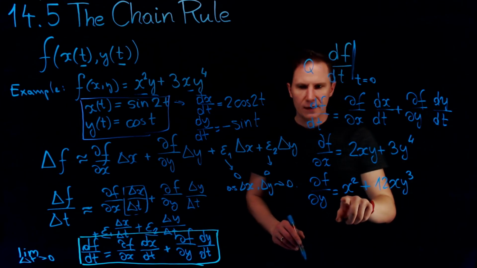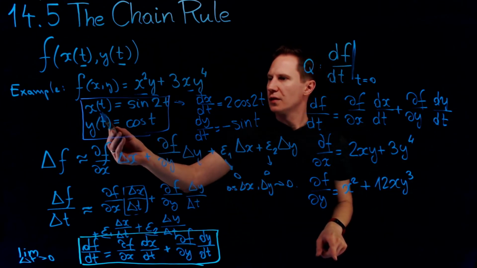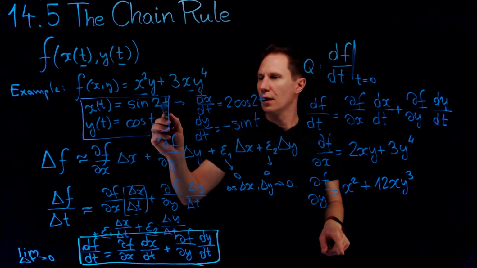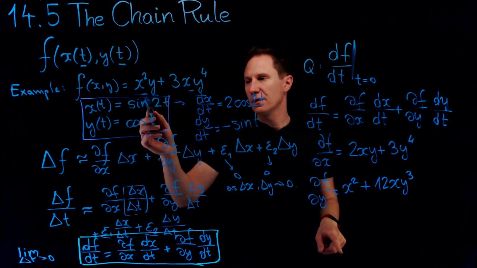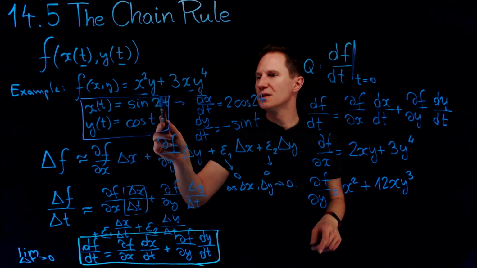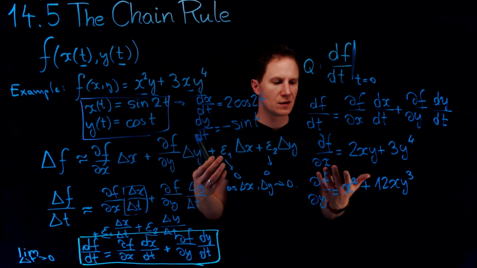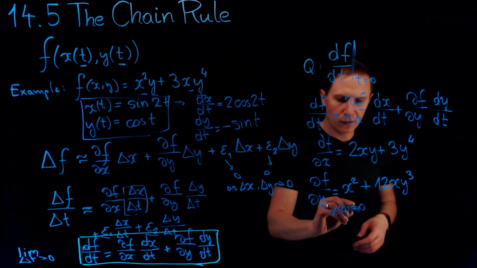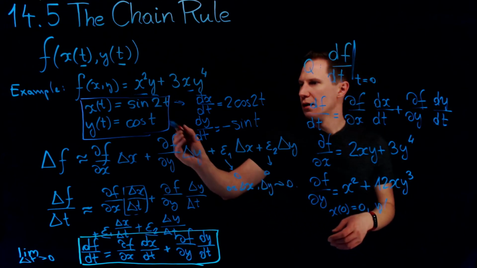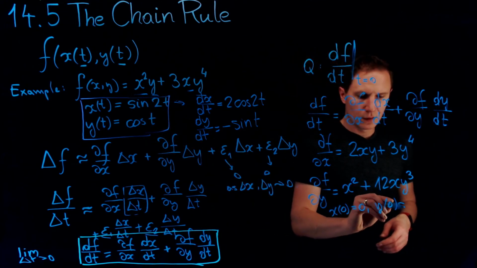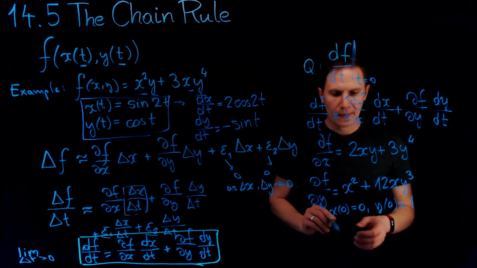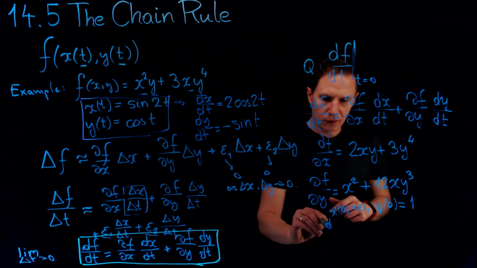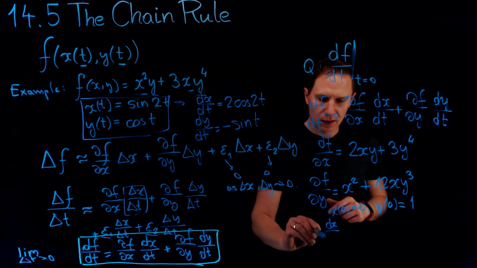When we do that, remember x of t is the sine of 2t. So when t is equal to 0, the sine of 0 gives us 0. So x at 0 is 0, and y at 0 is the cosine of 0, which is 1. So these we have. Then these derivatives at 0, what are they giving us?